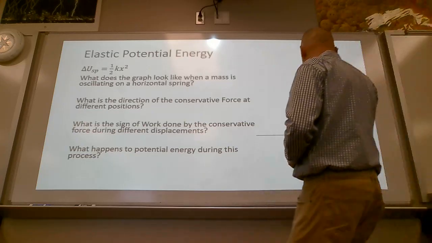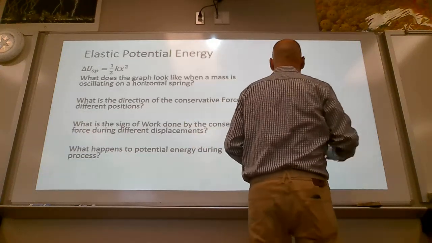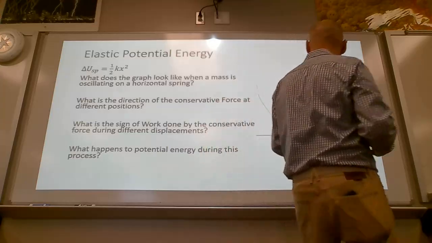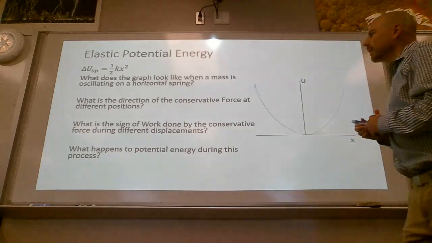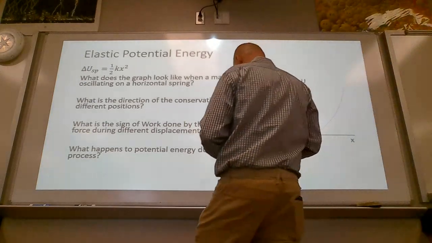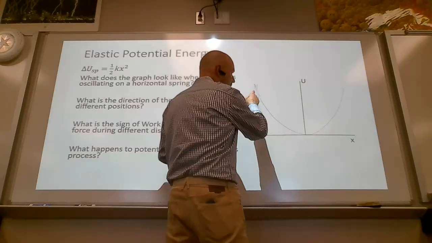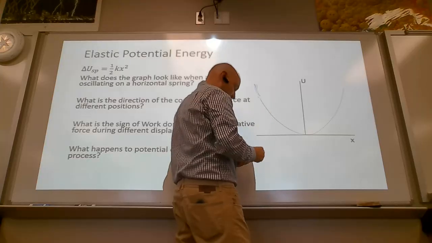Okay, so your graph looks like this. Similar, yeah. Parabolic. Okay. The direction of the conservative force. At this point, you have a negative slope.